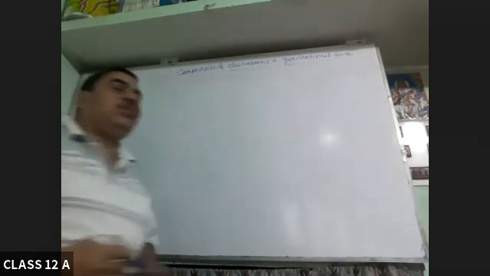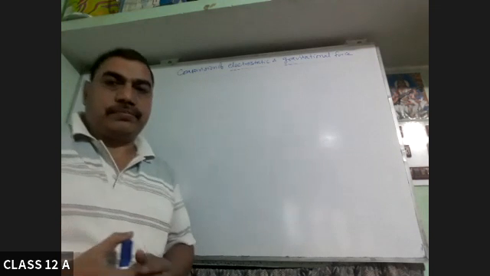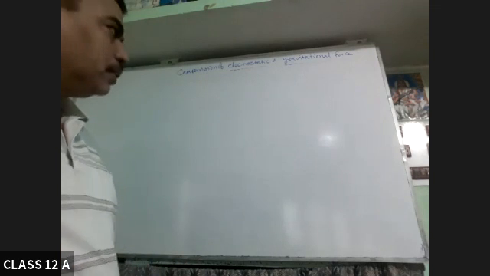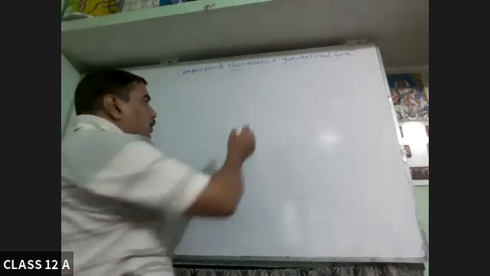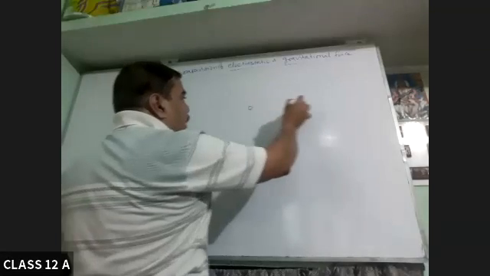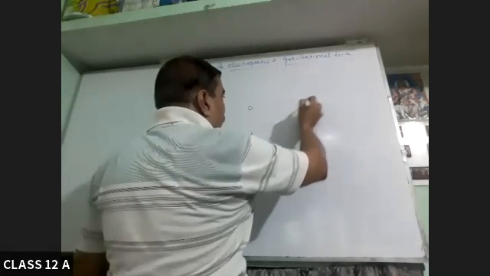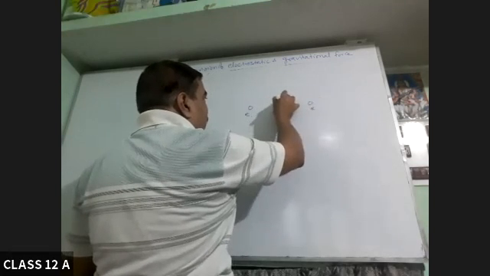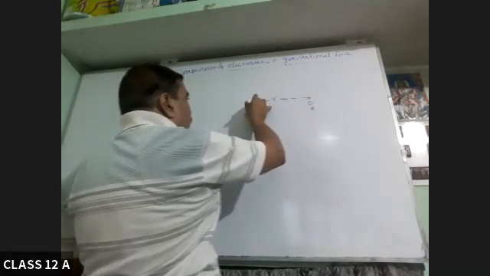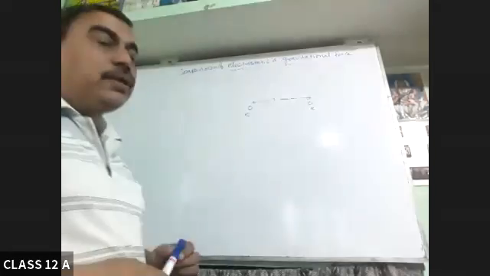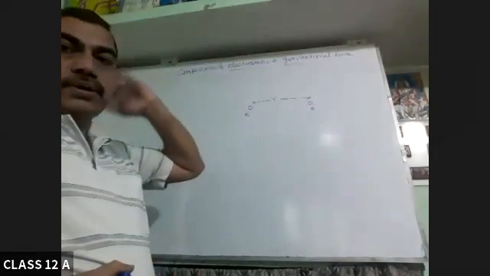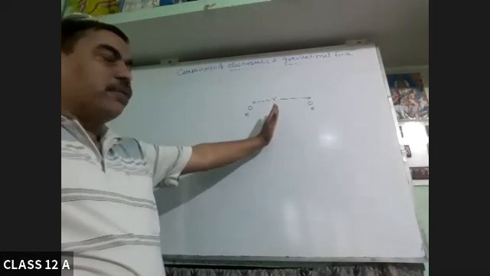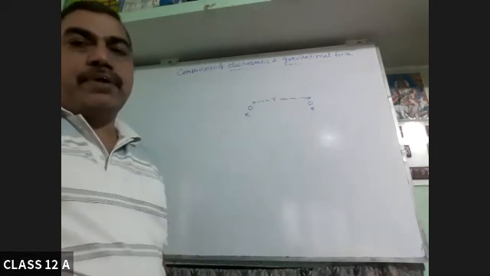If we want to compare the electrostatic and gravitational force, generally in objective type questions it is asked: two electrons are placed at a distance r, and you will be asked to find the ratio of the electrostatic force of repulsion and the gravitational force.